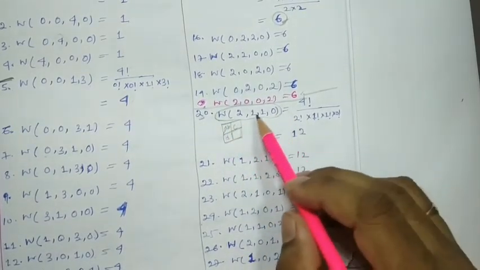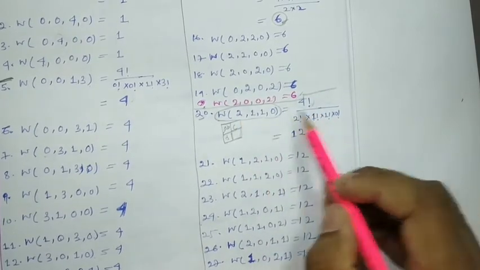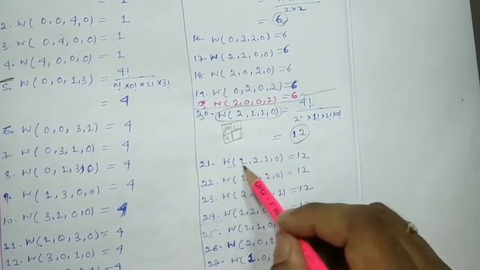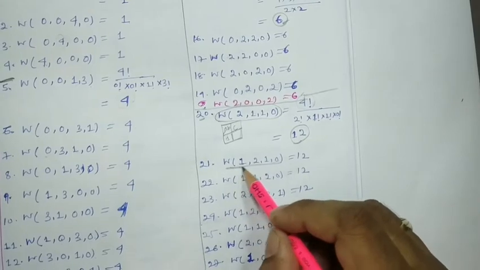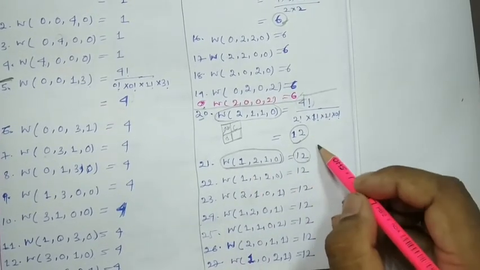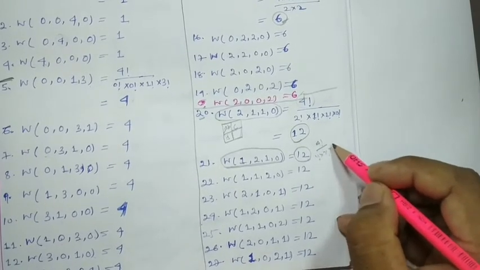And the corresponding number of microstates will be 4 factorial by 2 factorial into 1 factorial into 1 factorial into 0 factorial, which is 12. If you find the microstates of another macrostate, you also get 12. Just check: 4 factorial by 1 factorial into 2 factorial into 1 factorial, also 12.